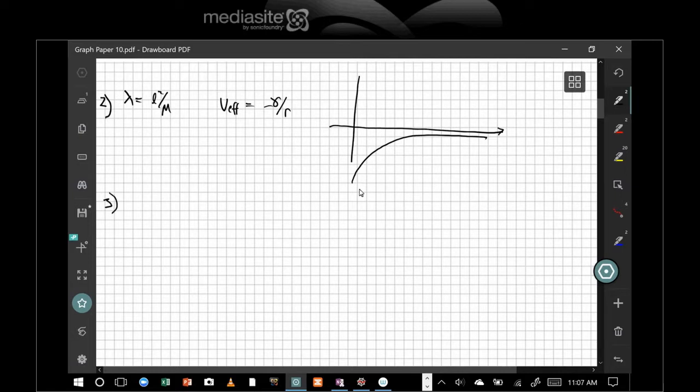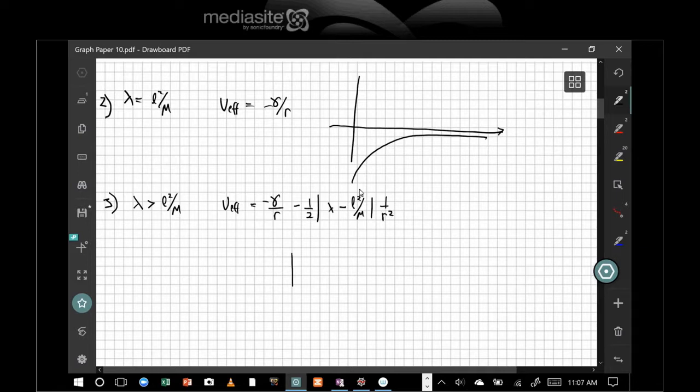So if I have that case, and that again is case 2, I'm going to get no bound orbits. And finally, case 3, this is where delta is bigger than this guy here. I can write u effective as, so this is my gravitational term, and then I'm going to have minus 1/2, and again the absolute value, but you notice I have a minus sign there, times 1 over r squared.